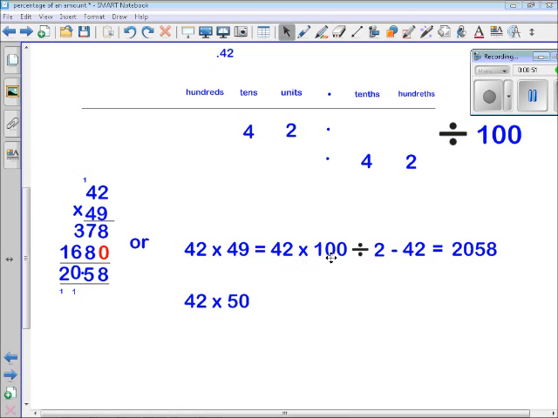So 42 times 100, I simply need to put those two zeros on the back of the 42, which makes it 4,200. And then, I've been dealing in 100, and 50 is closer to what I wanted, so I've got twice the amount in my answer. So I'll need to either halve it or divide it by 2.